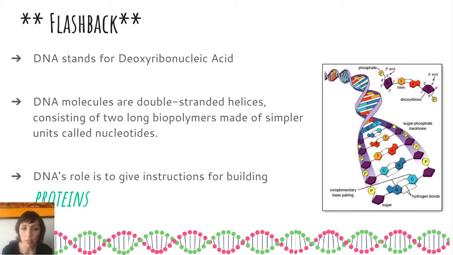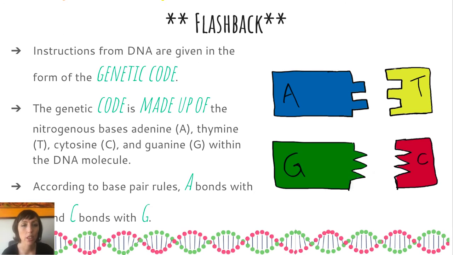So another flashback for you, DNA stands for deoxyribonucleic acid. And DNA molecules are those double-stranded helices consisting of two biopolymers that are made of simpler units called nucleotides. And DNA's whole role, its entire purpose, is to give instructions for building proteins. So instructions from DNA are given in the form of the genetic code.